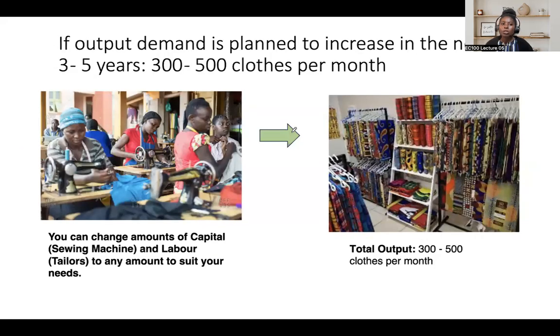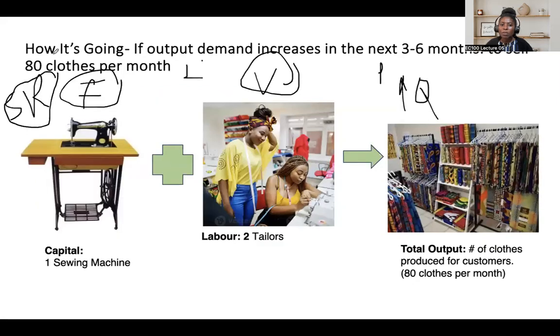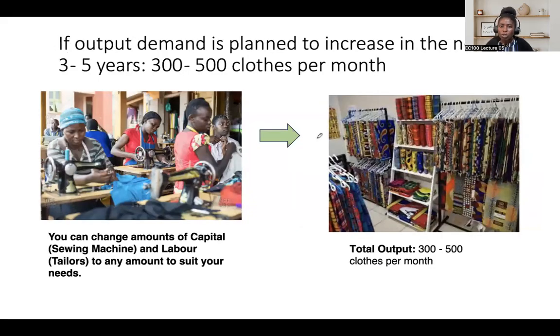Okay. So what happens if this lady has been in business long enough? She had a laborer, increased and met this demand, and went on year 1, year 2. Now she's thinking of expanding her output. Her output demand is increasing, and now she's planning to meet that increased demand in the next 3 to 5 years.